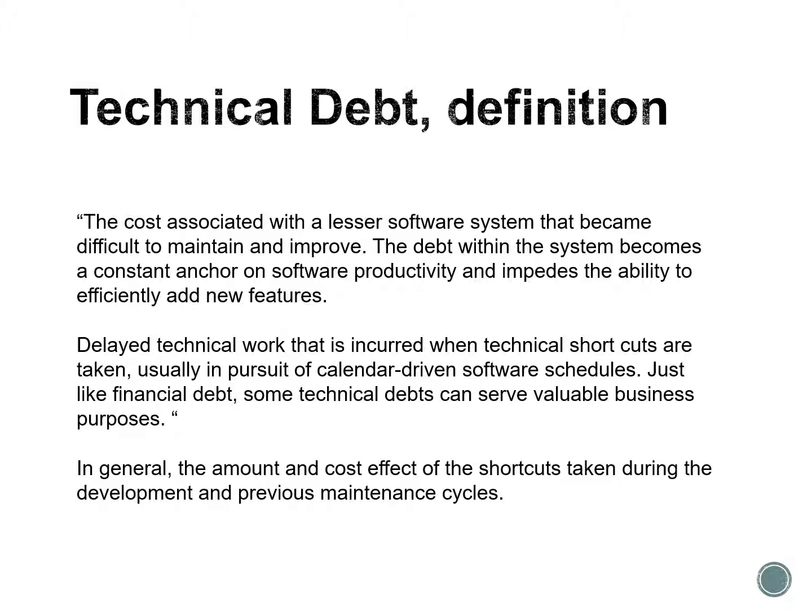So instead of using coding conventions or making robust test scenarios or unit tests or test automation or ensuring that all the weird or extreme cases actually work as they are expected to, we just cut corners, take shortcuts during the development, and have also been taking shortcuts on the previous maintenance cycles.